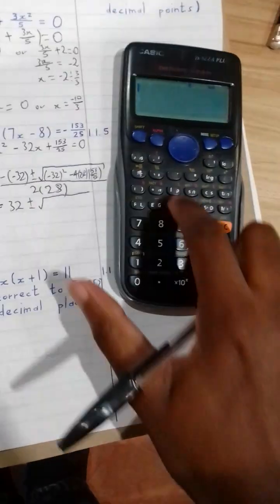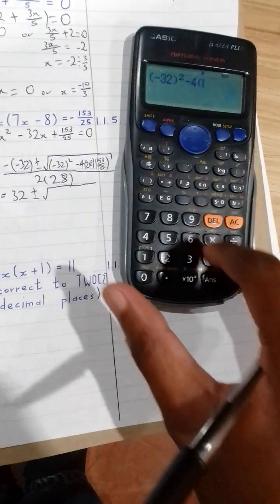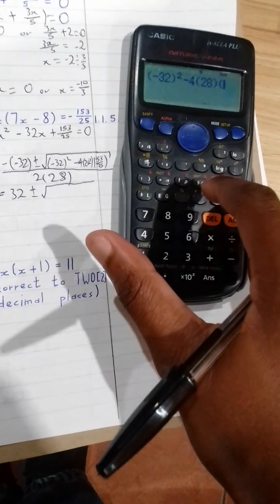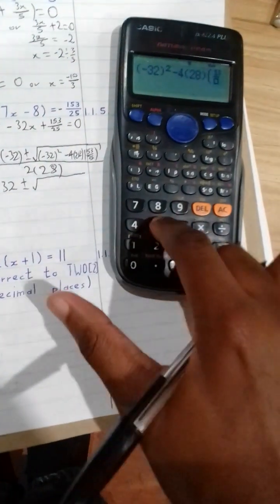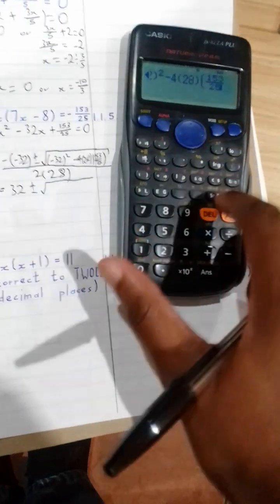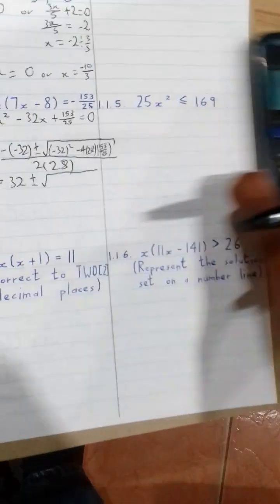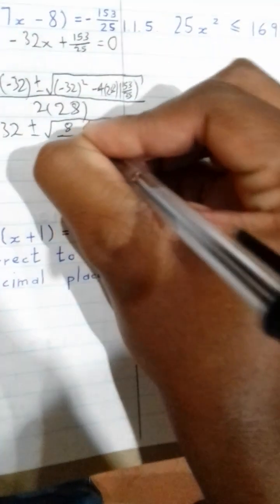Then let's say negative 32 ... 8464 over 25. 2 times 28 is 56.